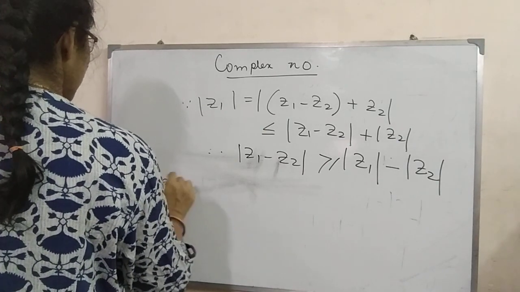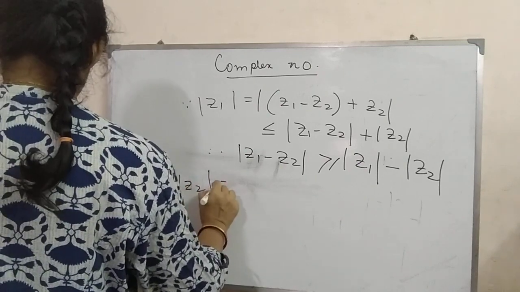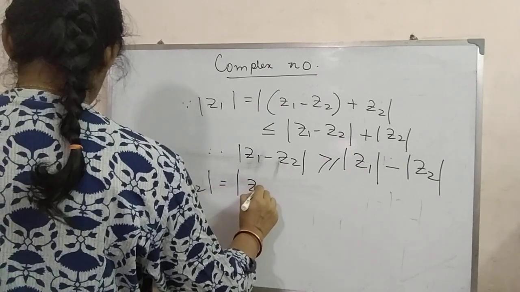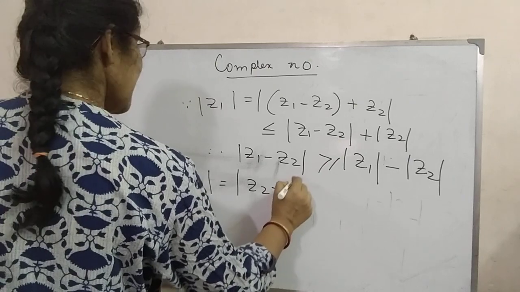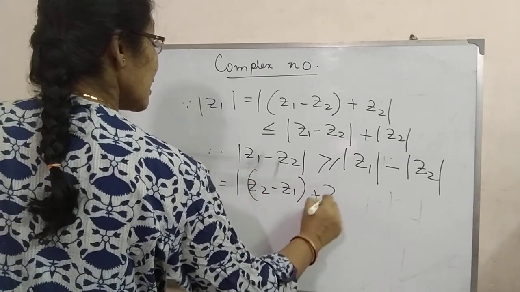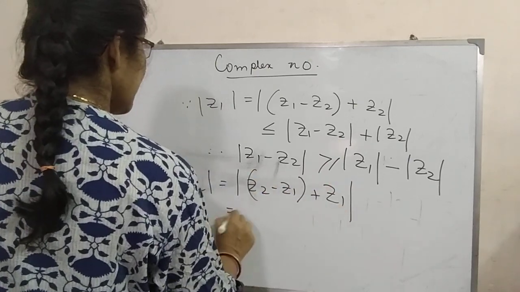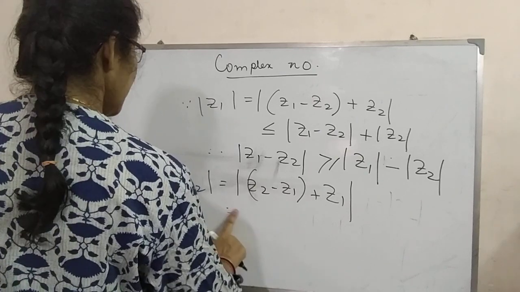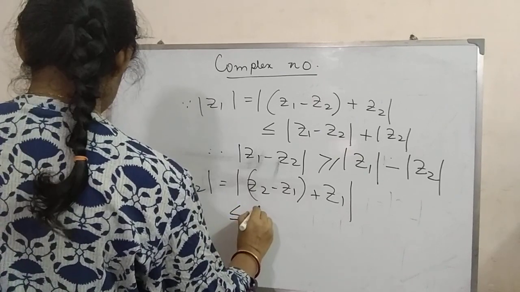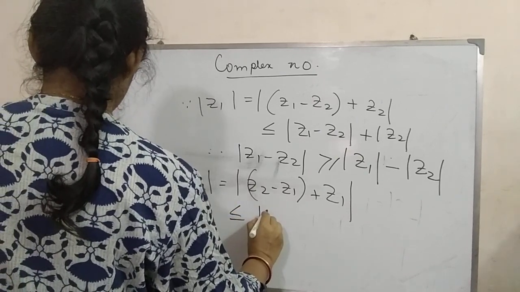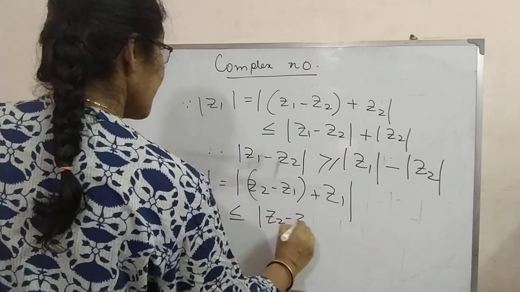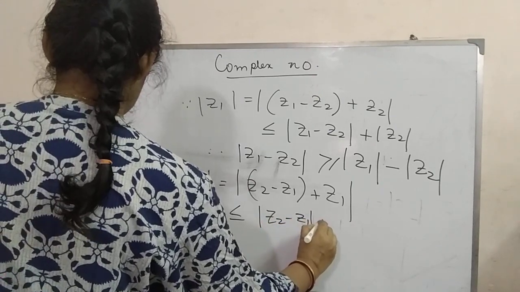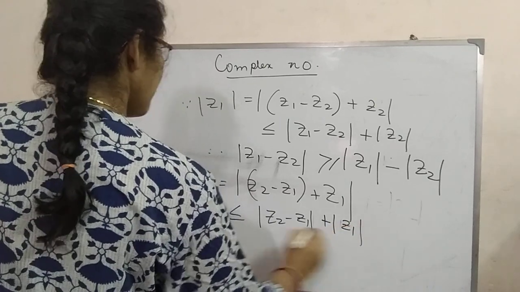And modulus Z2 equal to modulus of (Z2 minus Z1) plus Z1, that is less than or equal to modulus of Z2 minus Z1 plus modulus Z1.